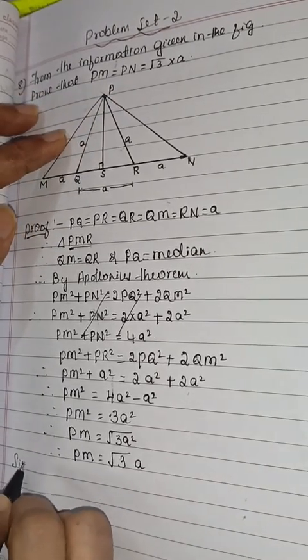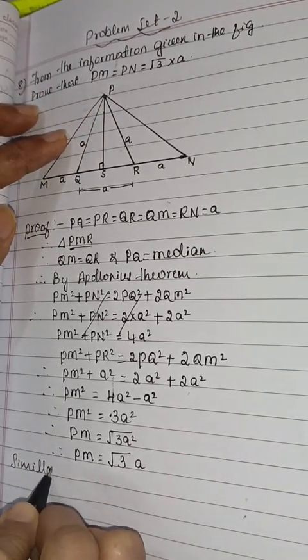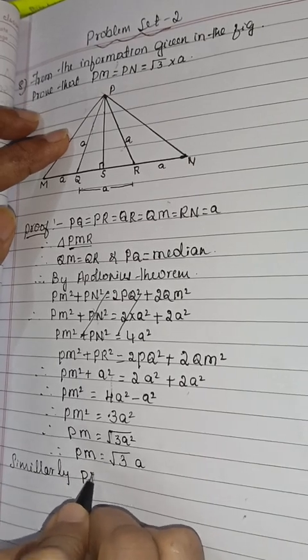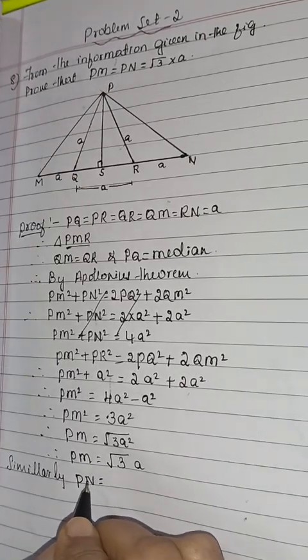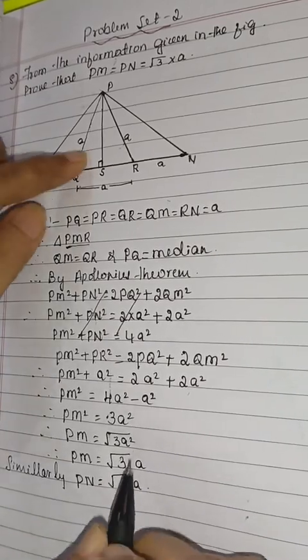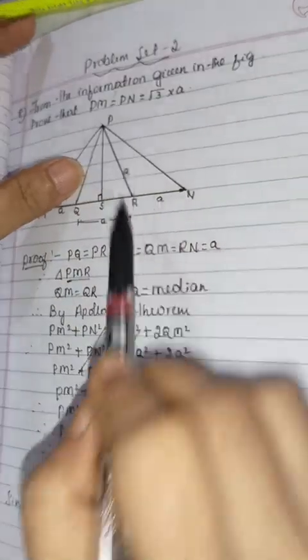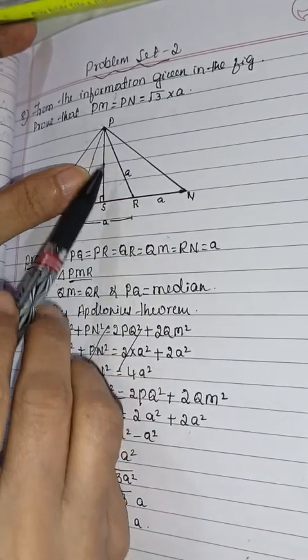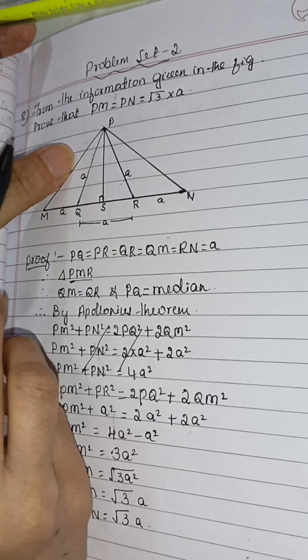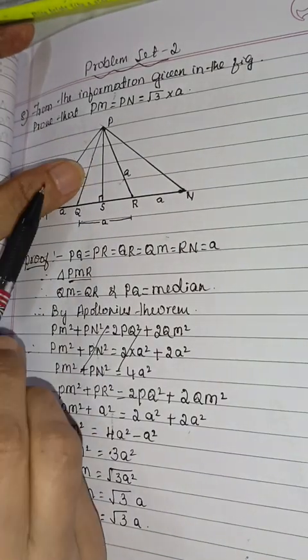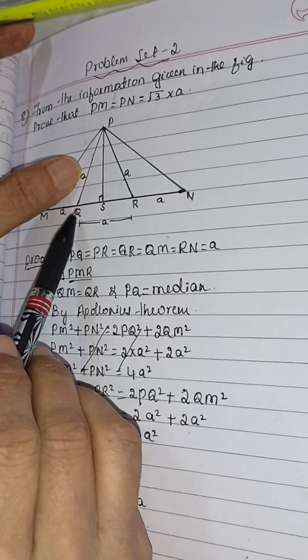Similarly, PN is also root 3 a, because we can prove it by taking PR as the median in triangle PQN.